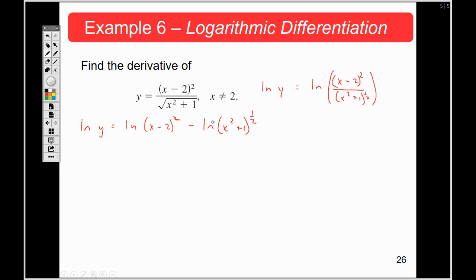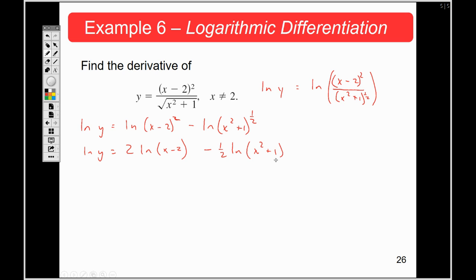Okay, so hopefully you're good with that. We just use the quotient difference rule. I'm going to use my exponents and bring those down as coefficients here. So I have the natural log of y equals 2 times the natural log of x minus 2 minus 1/2 times the natural log of x squared plus 1.